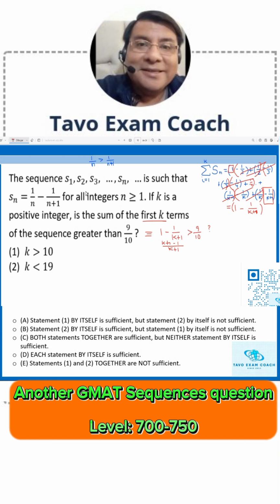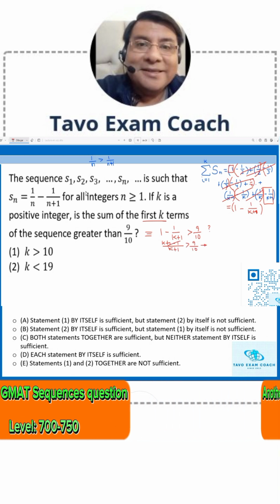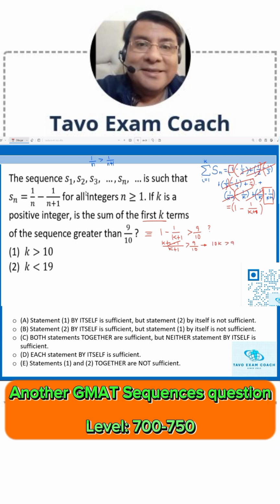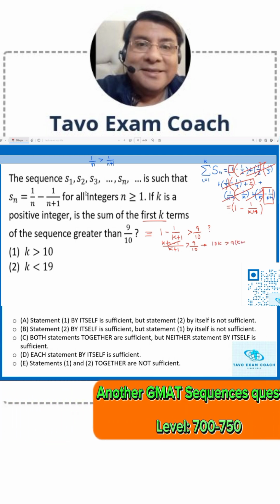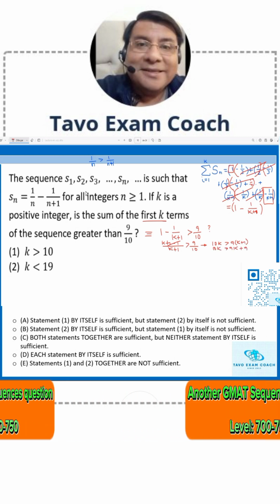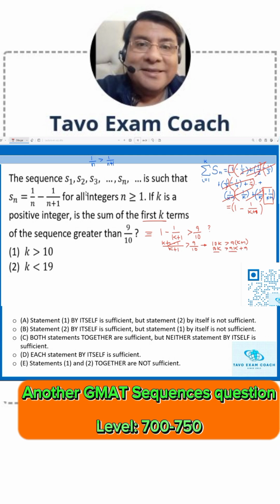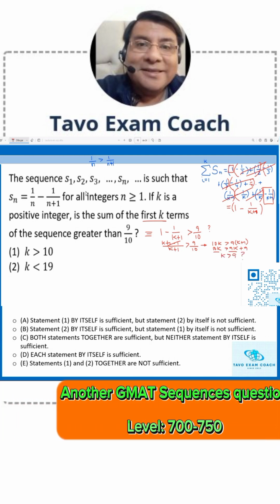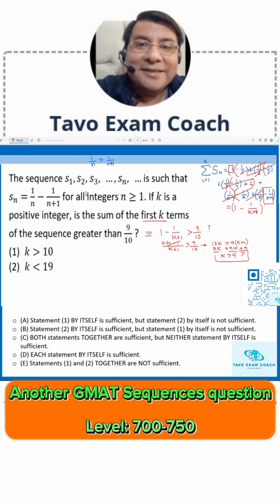This is the same as saying 10k is greater than 9 times k plus 1, which at the same time is the same as saying 10k minus 9k, which is k, is greater than 9. The true question we need to answer is this one.